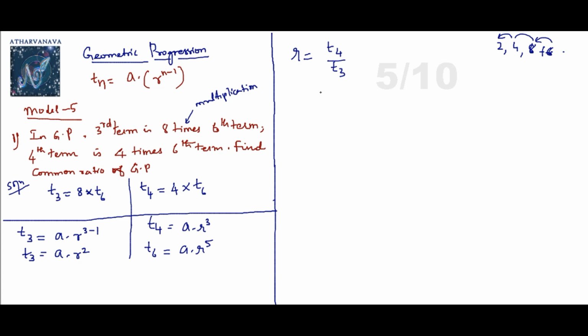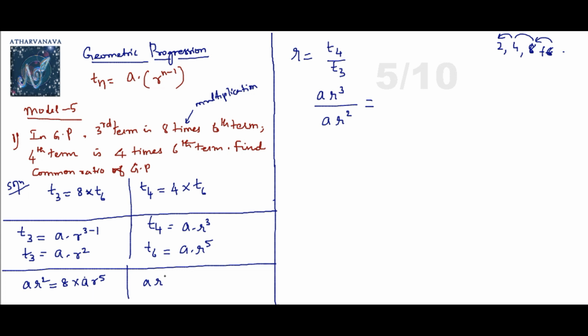T4 is ar power 3 by ar power 2. The relationship given here is ar square is equal to 8 times ar power 5, and here ar cube is equal to 4 times ar power 5. Can I write like this?